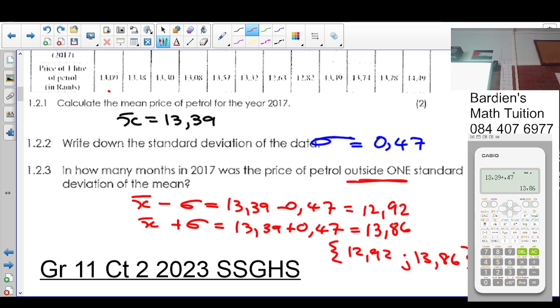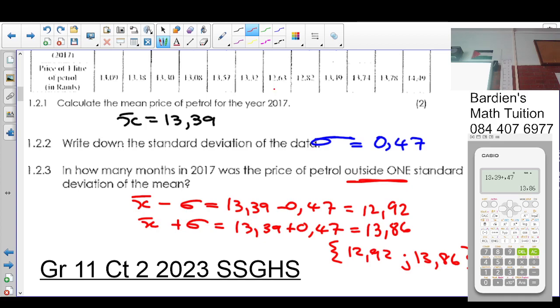So 13.09, do we consider or not? No, we won't, because that is within that range. So we won't consider that one. 13.18? 13.38, is that inside? It's inside. 13.30? Inside. 13.08? Inside. 13.57? Inside. 13.32? Inside.